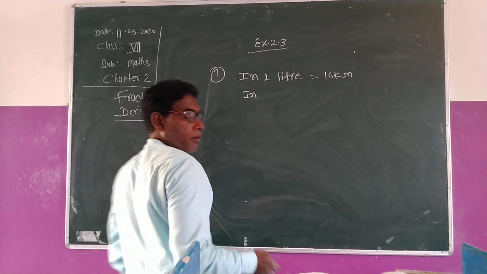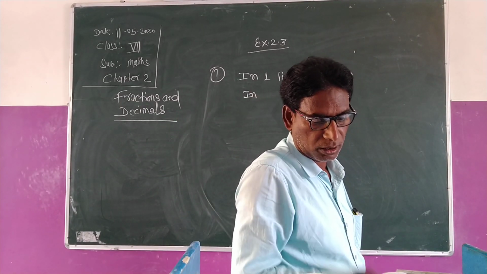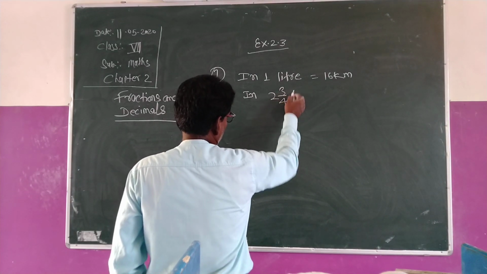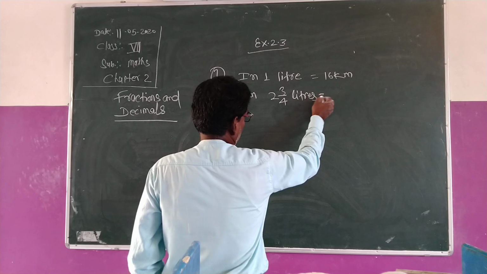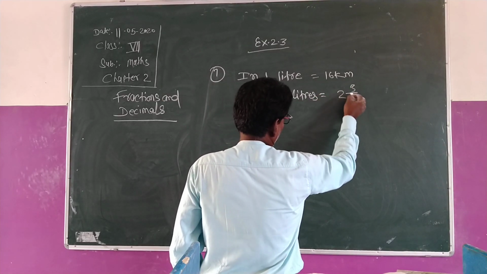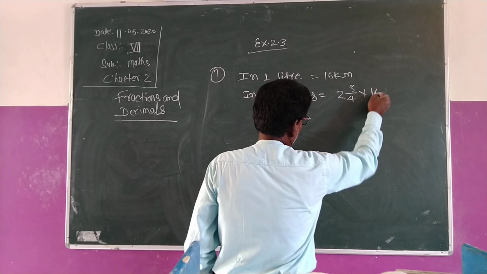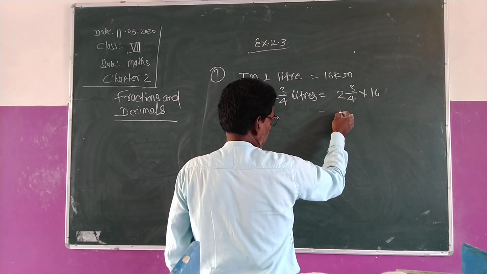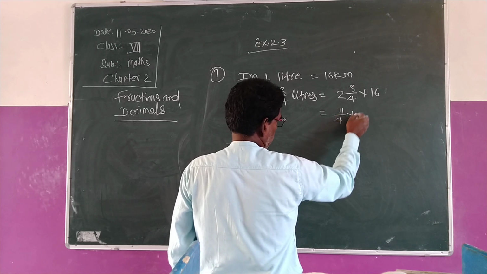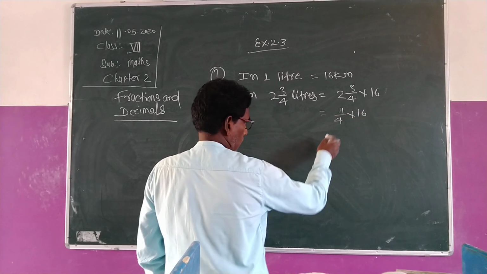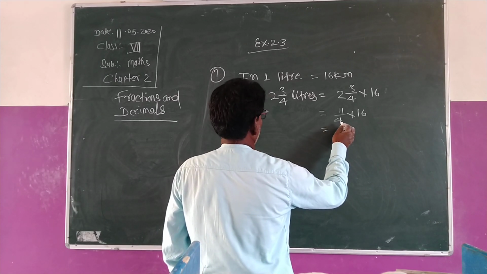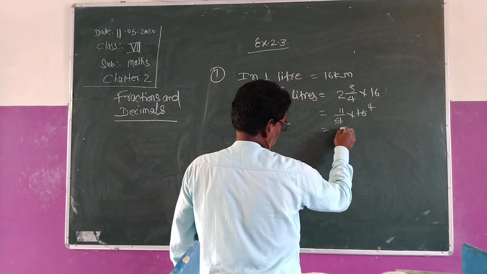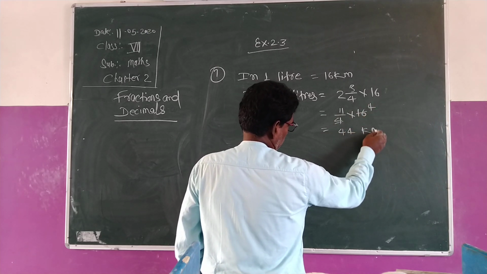In 2 3/4 liters, 2 3/4 liters is equal to 2 3/4 into 16, which is 11/4 into 16. 4 into 16 is 4, so 11 times 4 is 44 kilometers.